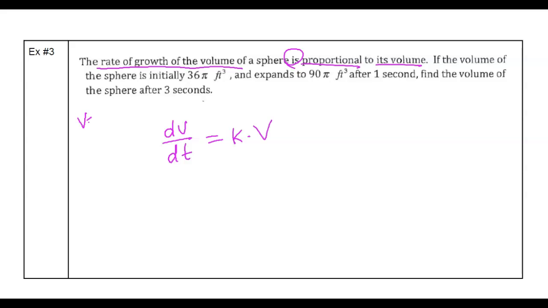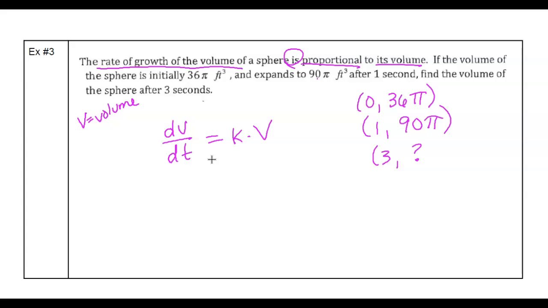Okay, so V equals volume. If the volume of the sphere is initially 36 pi, so I know (0, 36 pi), and expands to 90 pi after 1 second, find the volume after 3 seconds. Okay.